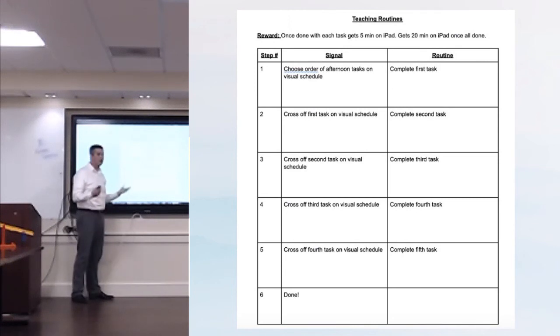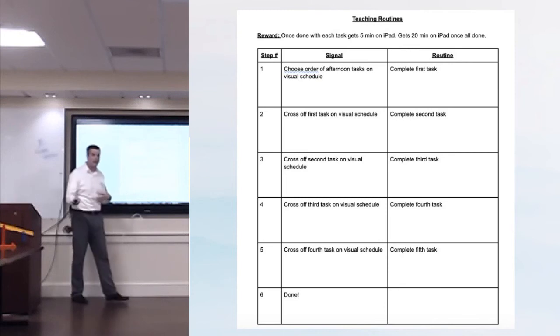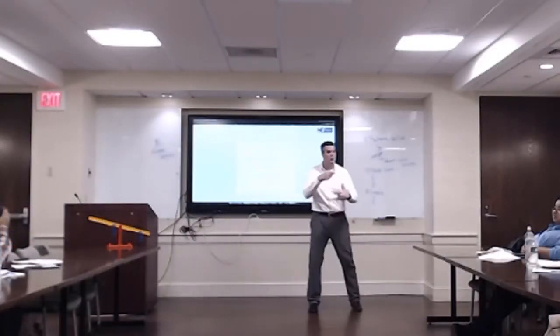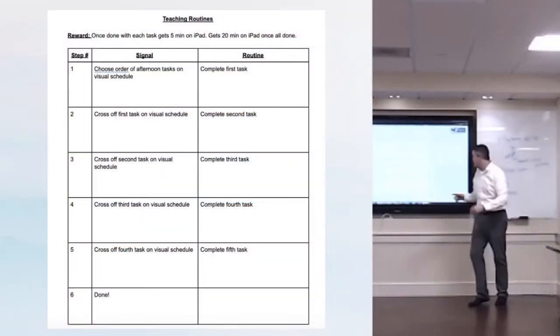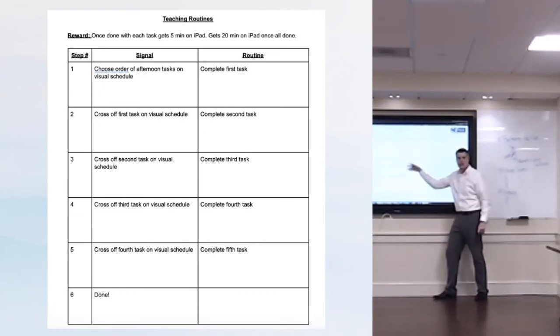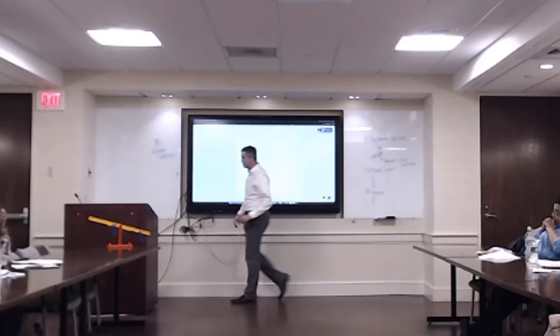But you can insert in here a task, a leisure skill, anything like that to run through. And then what I'm weaving in here is I'm giving 5 minutes on the iPad after each one of these things is done, right? And then I'm giving a big reward at the end when they're all done. So it could look something like this.